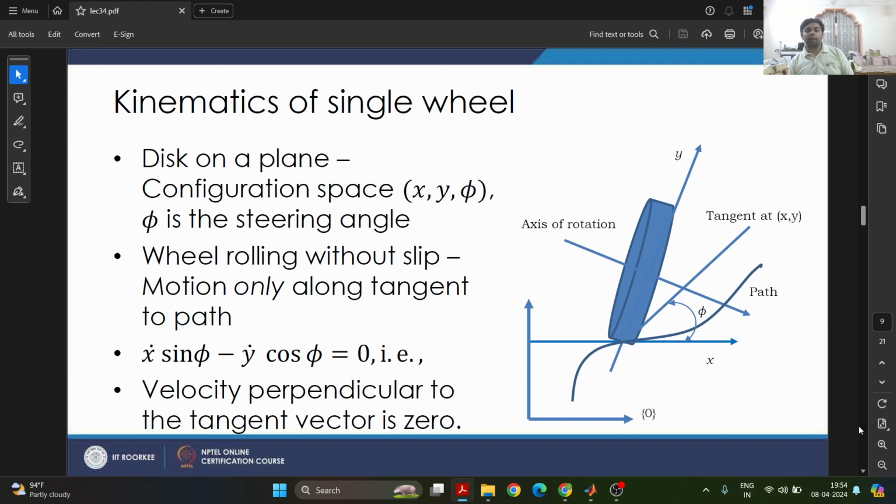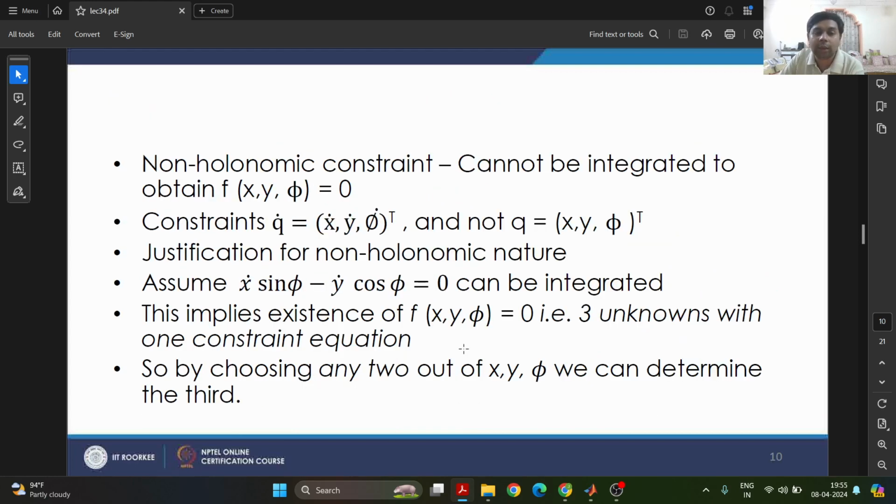And then how we can say it mathematically is this equation: x dot sine phi minus y dot cos phi is equal to 0. So what I think they are calling f of x, y and phi, I think.